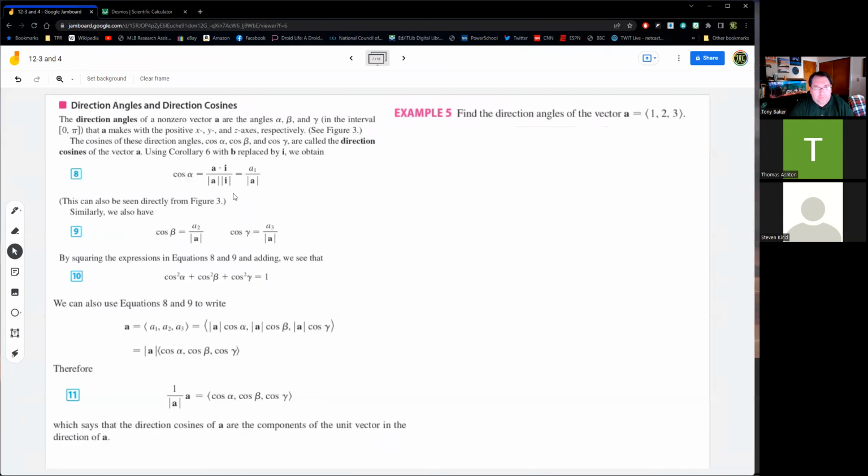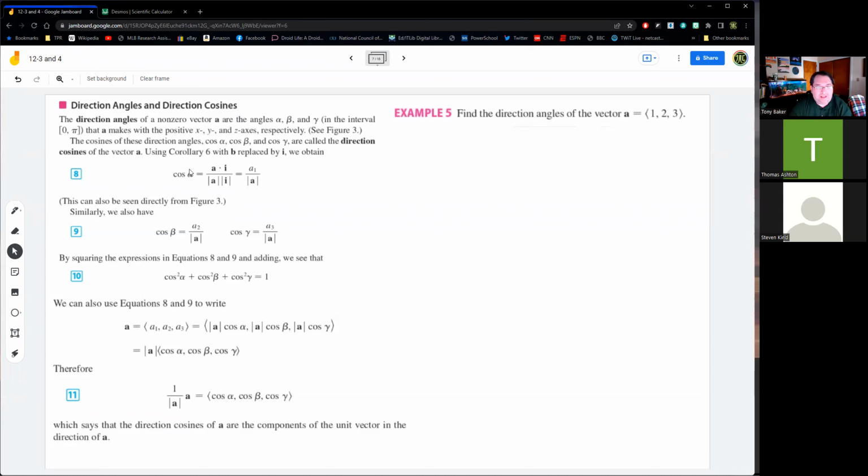So we can see here, it doesn't make much difference which ones you use. The i is just the i vector, remember that's 1, 0, 0. In essence, if those cancel out, because they're both going to be 1, we have the A1 divided by the length of that vector, and it's the cosine of that.